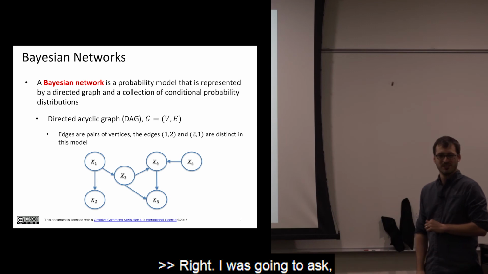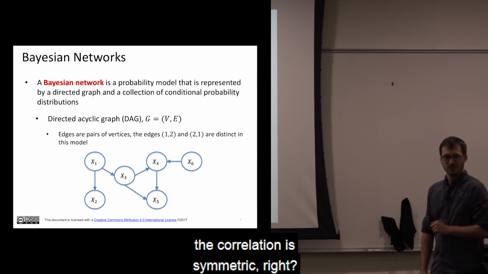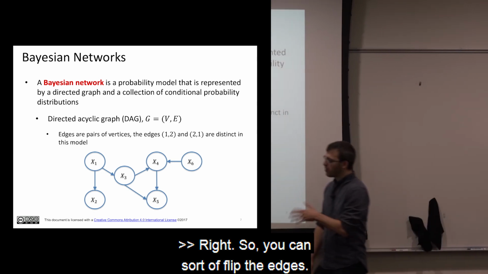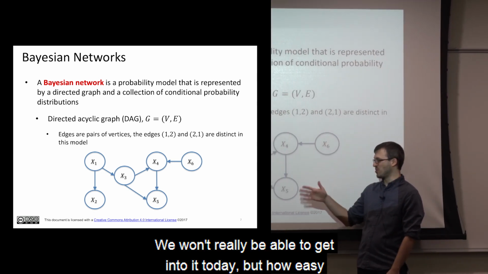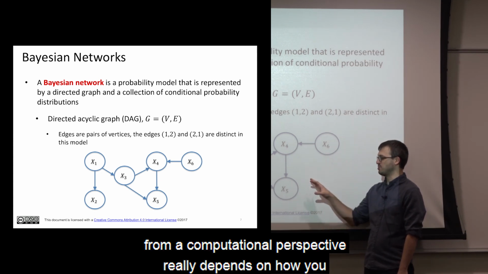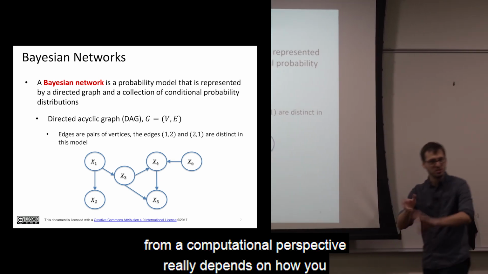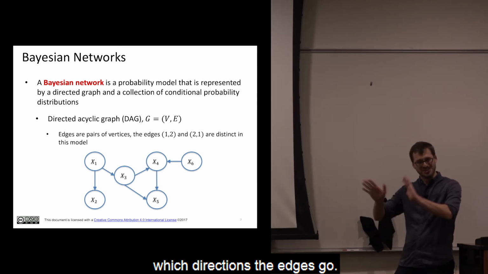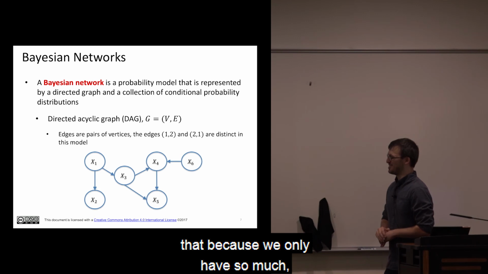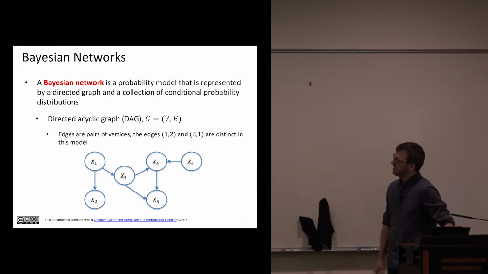I was going to ask, because correlation is symmetric, right? Right, so you can flip the edges. We won't really be able to get into it today, but how easy or hard the model is from a computational perspective really depends on how you pick which directions the edges go. But we're going to ignore that because we only have so much time today. Okay.